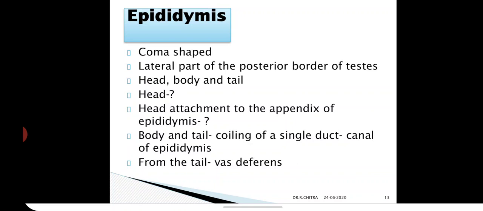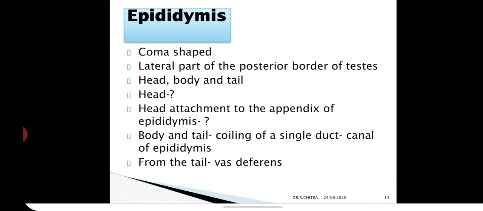Epididymis, we will complete with this testis. It is comma shaped and it will be present in the lateral part of the posterior border of the testis. It will have the following parts: head, body and tail. The head will give attachment to the appendix of the epididymis.